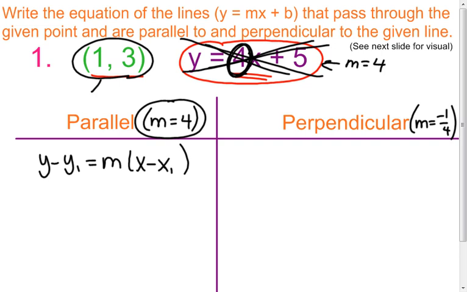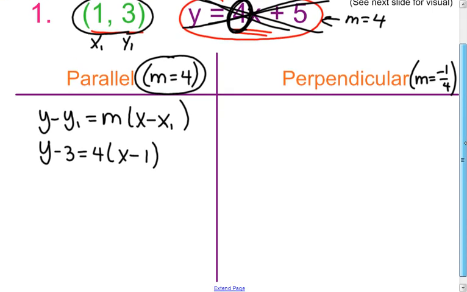And this will be your x1, this will be your y1, and of course we know your m. Okay, so I have y minus 3 equals 4 times x minus x1, which is 1. And then I'm just going to simplify that. And typically we give our answers in y equals mx plus b form, but of course we know we can get them in any form.